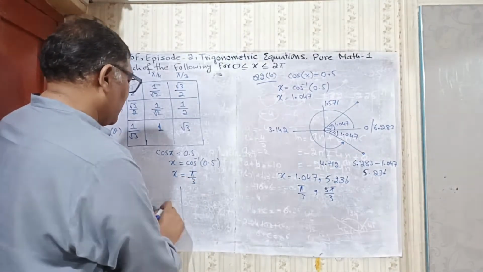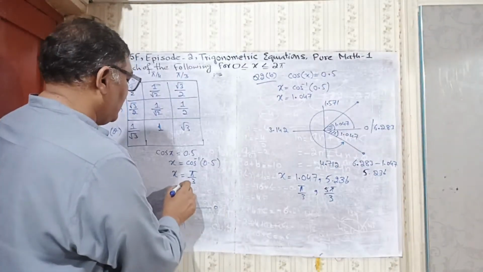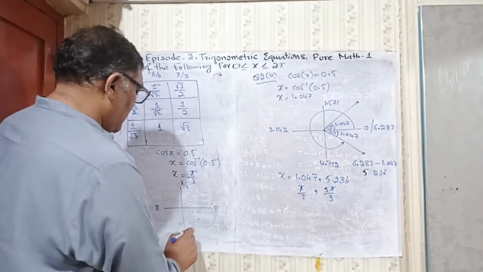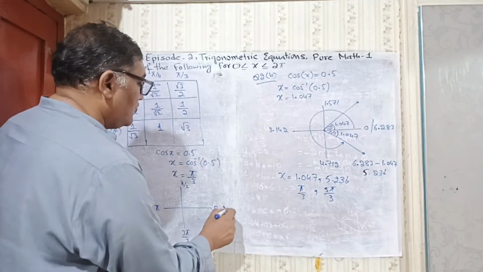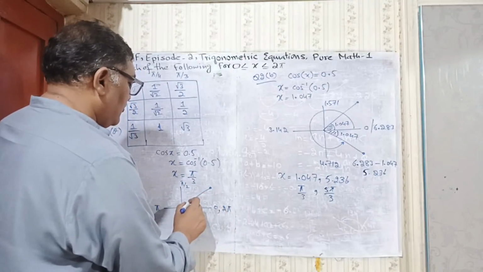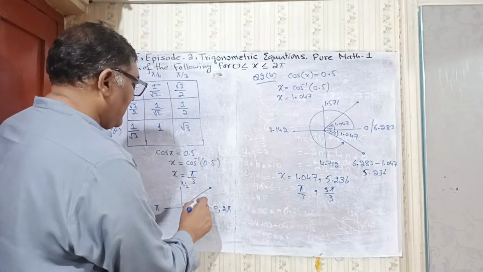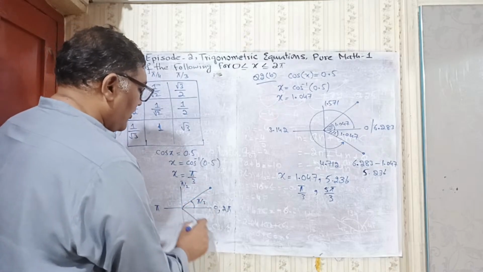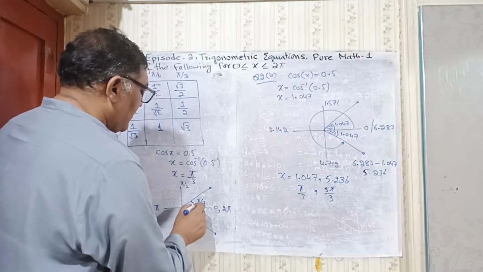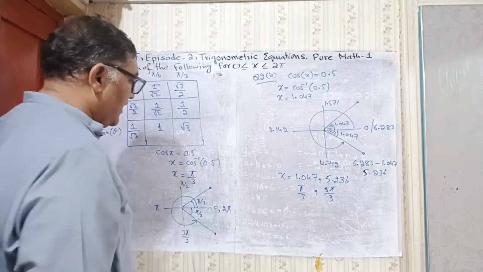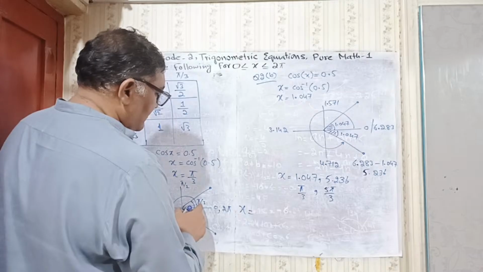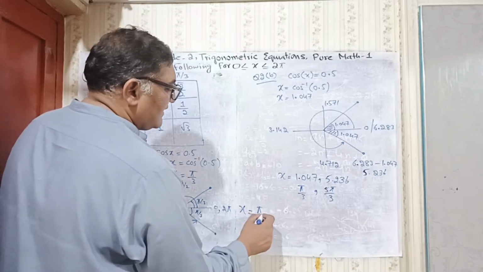Now, because the cos is positive, this is 0, this is pi by 2, this is pi, this is 3 pi by 2, and this is 2 pi. The cos is positive here, so what's the base angle here? Pi by 3. And the cos is also positive in the fourth quadrant, so this base angle will again be pi by 3. But the question is, what will be this angle? This answer, pi by 3, is in the first quadrant.